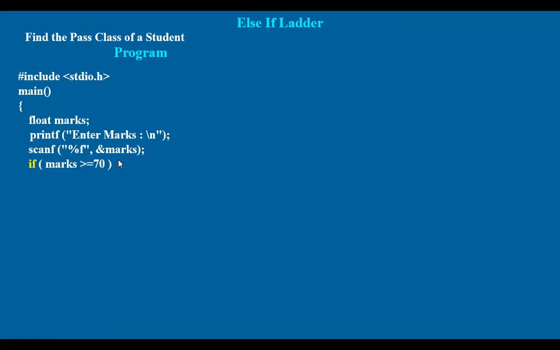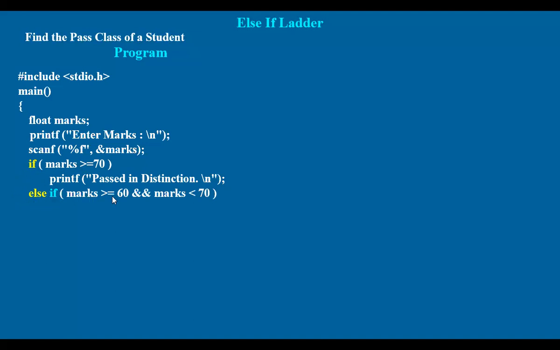Marks are entered and we first test whether these marks are greater than or equal to 70. If so, he has got distinction. Otherwise, if his marks are not greater than or equal to 70, this is false, it comes here.